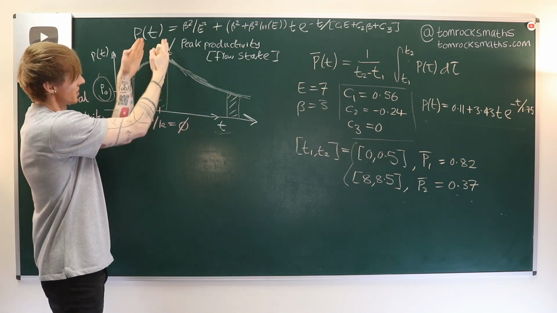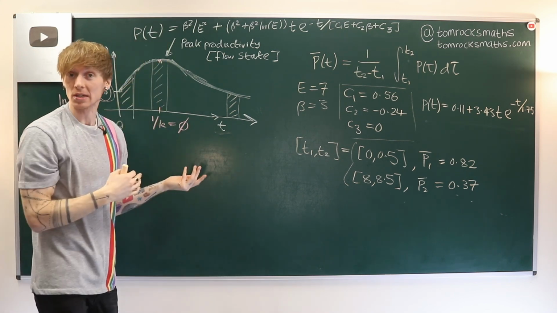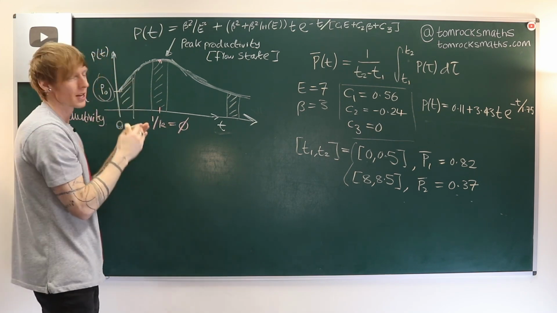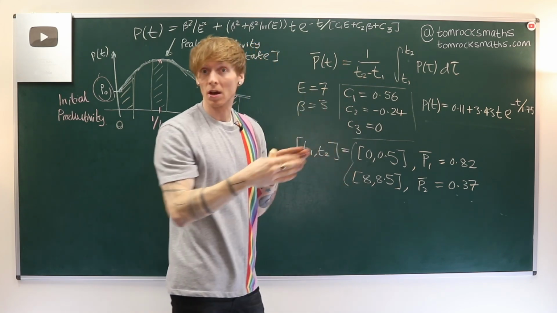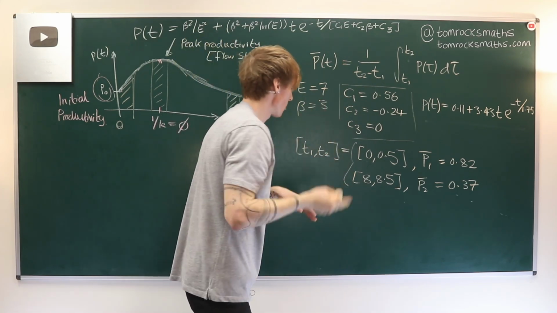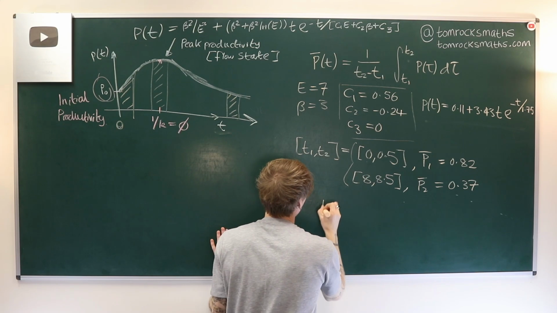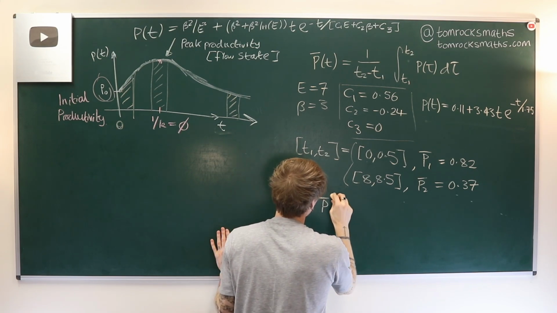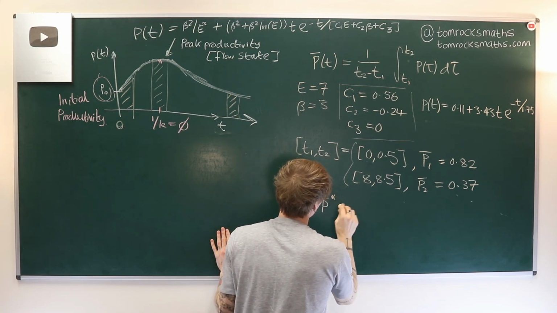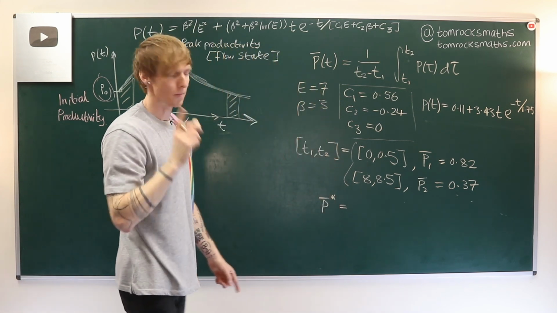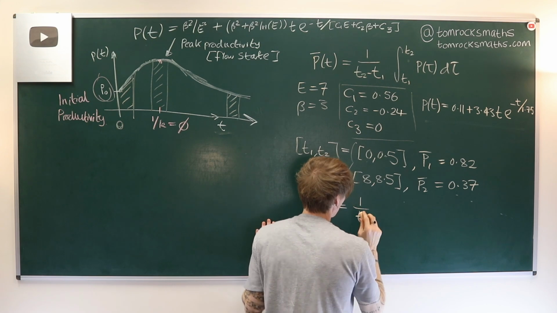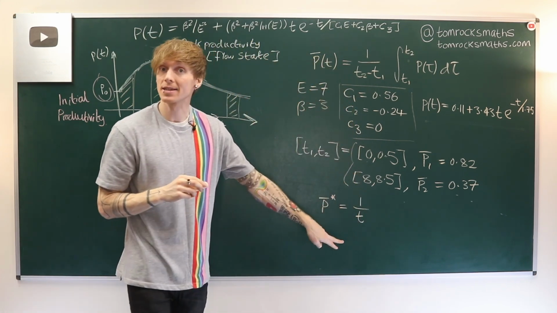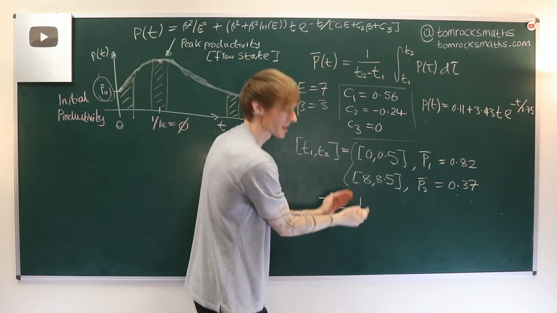So whilst this 30 minutes will be the most productive, we in fact want to ever so slightly modify our definition of productivity. So what we want to consider, which I'm going to call P bar star, we want to consider our productivity as 1 over the amount of time spent on the task, because we have to start at 0.